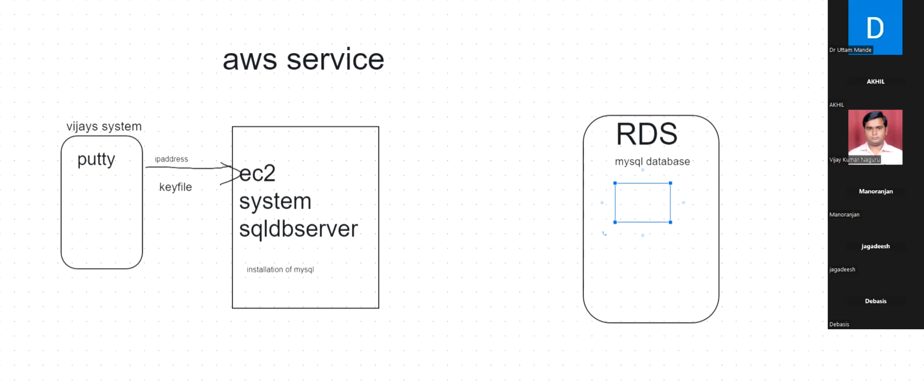In the end, he has an EC2 system and an RDS, right?